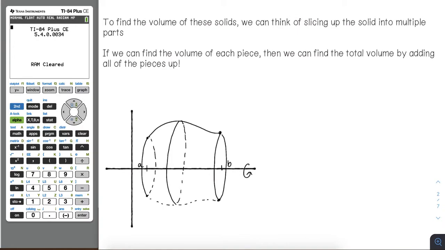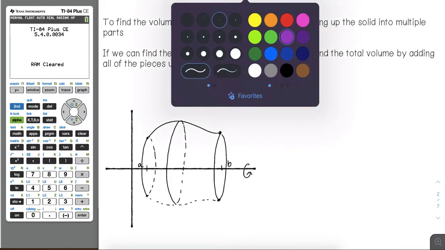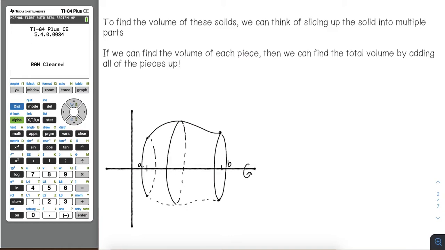If I wanted to find the volume of this, we're just going to slice this up into different sections. So what we can do is take a section like this; technically there's one over here too.